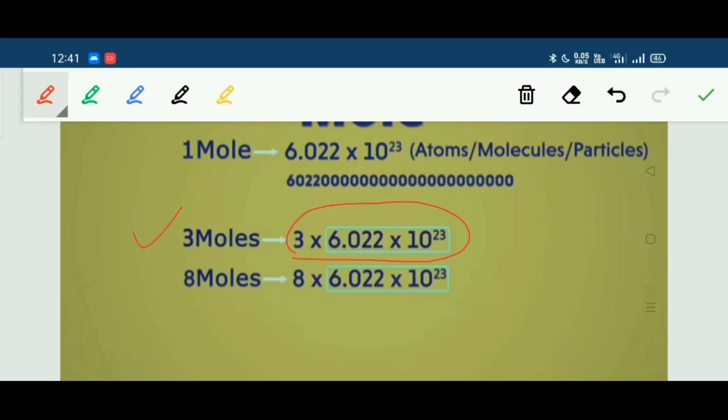Similarly, if a substance contains 8 times this number, that means 8 × 6.022 × 10^23, we can say that substance is 8 moles. So once again, 1 mole of a substance means 6.022 × 10^23 atoms, molecules or particles of that substance.